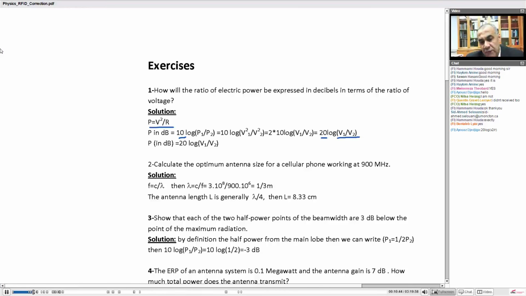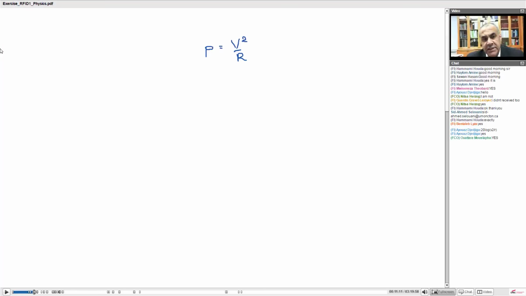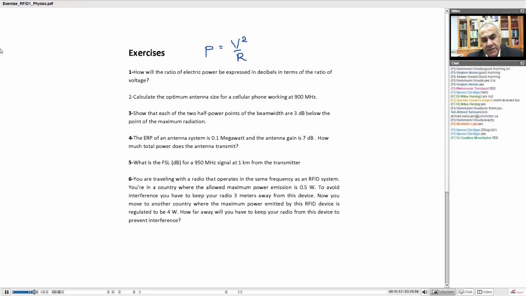Is it right for you? So if we use the powers, it's 10, logarithm in base 10, and this is the relationship. This is why this is equivalent. So 20 logarithm if we use amplitude, if we use voltage, but if we are using power, it's 10. It's only applying the logarithm formula. Right? So, very easy. Is it okay for this?